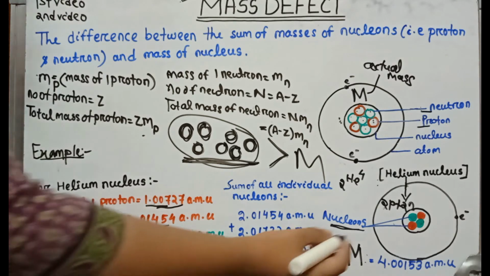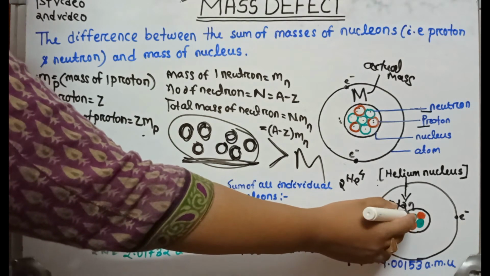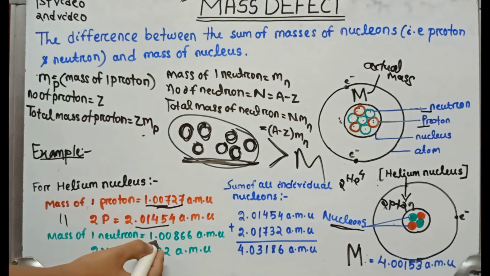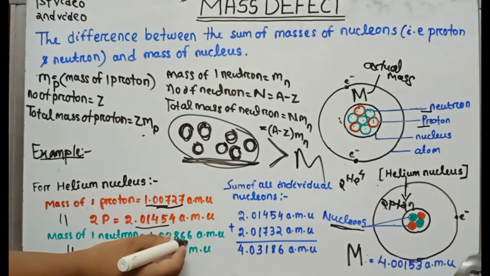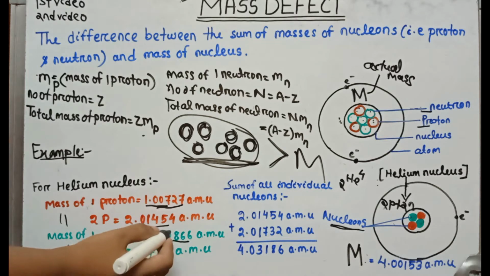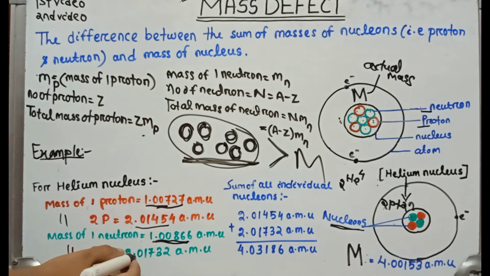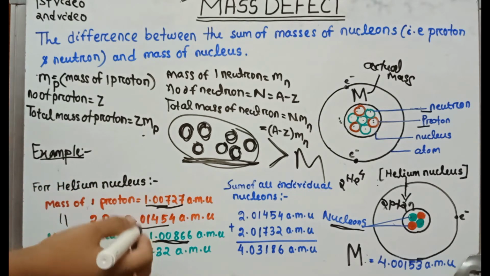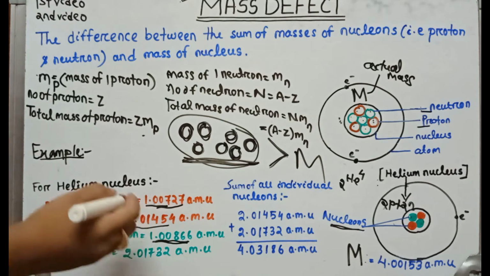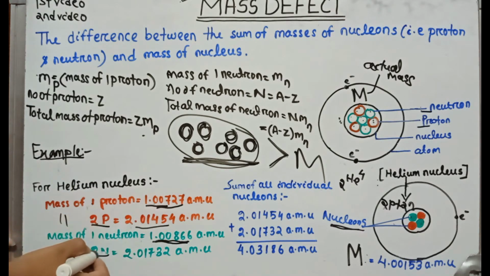Then the mass of one neutron is 1.00866 AMU. Then what is the mass of 2 neutrons? That is 2 times this value, that is 2.01732 AMU.